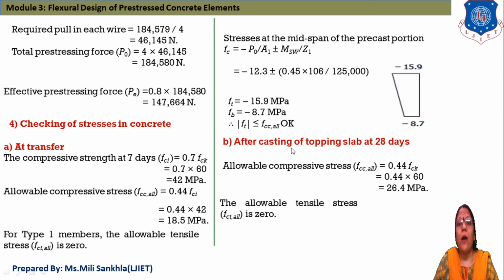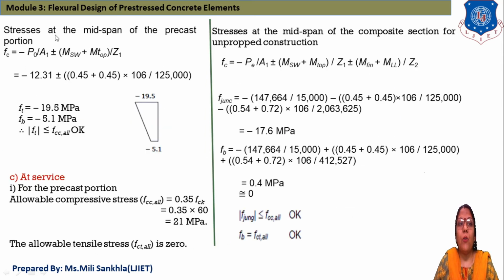Now after casting of the topping slab at 28 days, here we find the stresses after casting of the topping slab at 28 days. Allowable compressive stress is equal to 0.44 FCK, where 60 is taken here, and our stress is 26.4 megapascal, that means Newton per mm square. Again for a type 1 member, we consider allowable tensile stress as 0. Now stresses at mid span of the precast portion, same equation, PO by A1 plus or minus MSW.